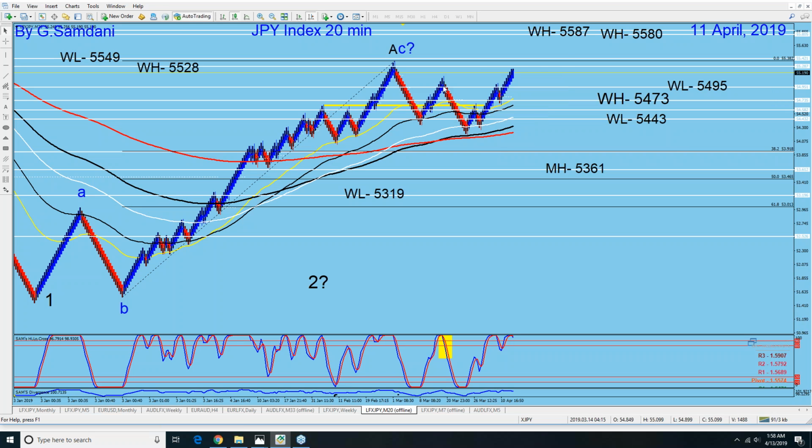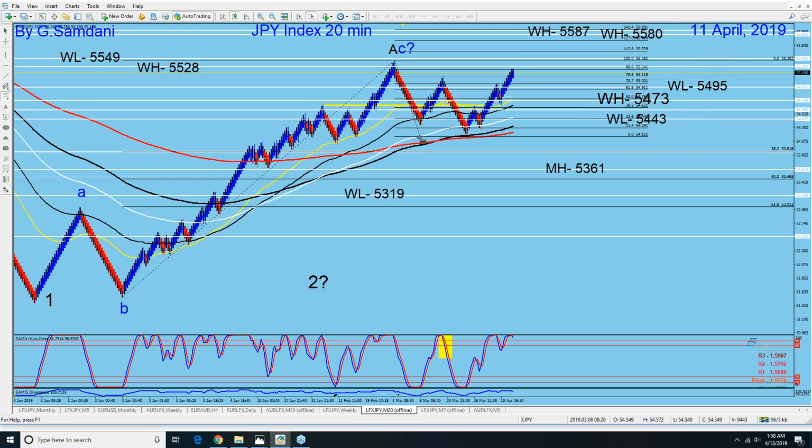So wave 4, instead of coming down here, got finished here, and we are now going and making wave 5, maybe all the way to the upside, because this is wave 1, 2, this big wave 3, this is wave 4, and wave 5 might be to the upside. If you pull the fib from here to here, then maybe it will be, for example, 127 and 1.618 of this drop here.